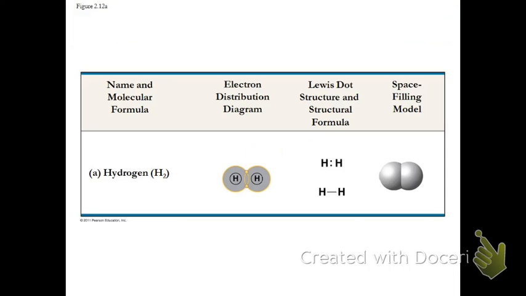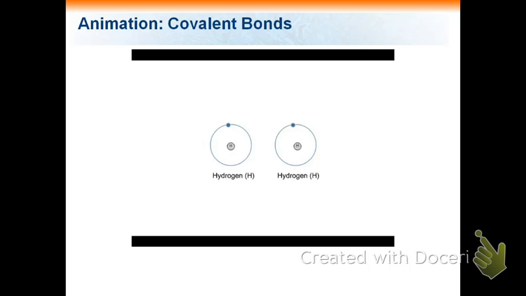So let's listen to this little. A covalent bond is the sharing of a pair of outer shell electrons by 2 atoms. For example, each of these hydrogen atoms has 1 electron in its outer shell, but needs 2 electrons to complete its outer shell.